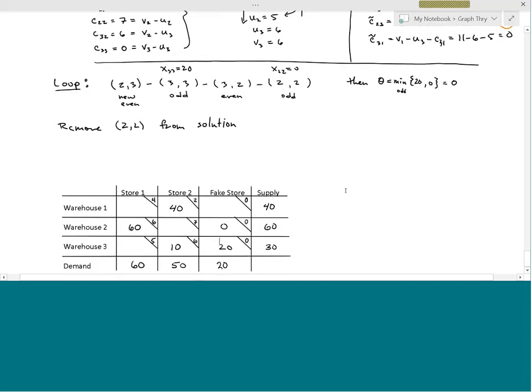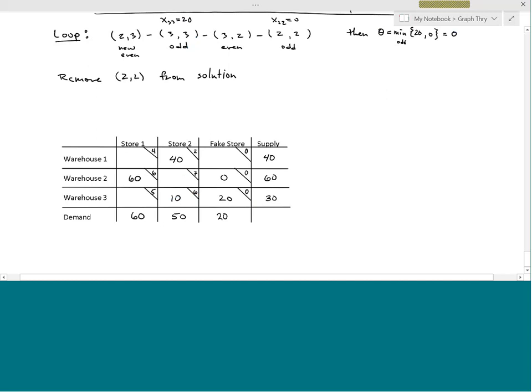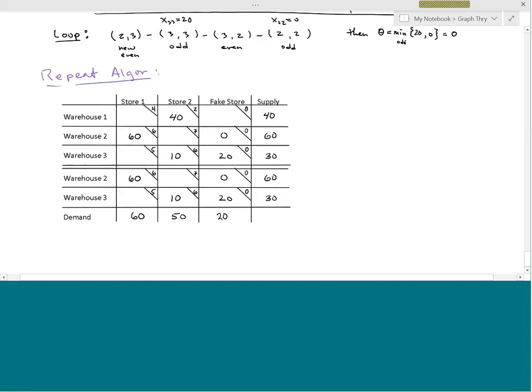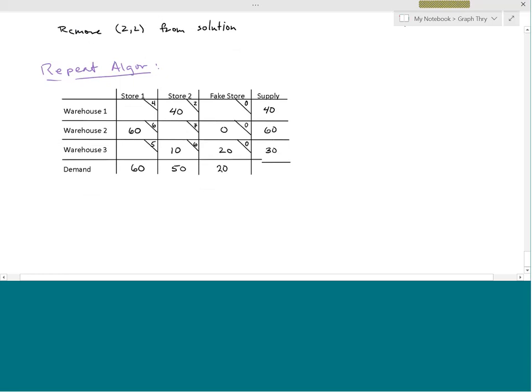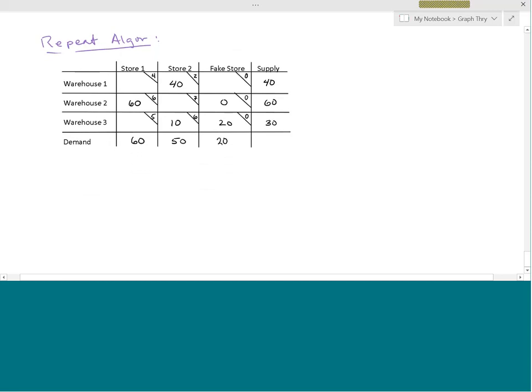Okay. Now, at this stage, we are ready to do the algorithm again. So, repeat algorithm. Now, when we repeat the algorithm at this point in time, notice what will happen when we start looking at this guy. We are going to get the following. I will include the work here since we are basically out of time.